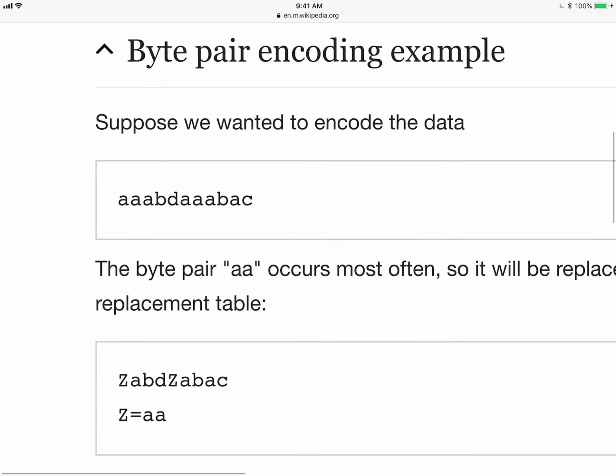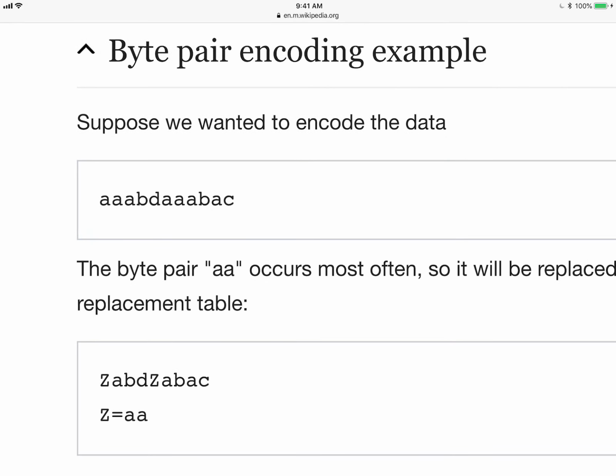So it's like this. Given this particular character-level sequence, we find the most frequently appearing character 2-gram, just a sequence of two characters.